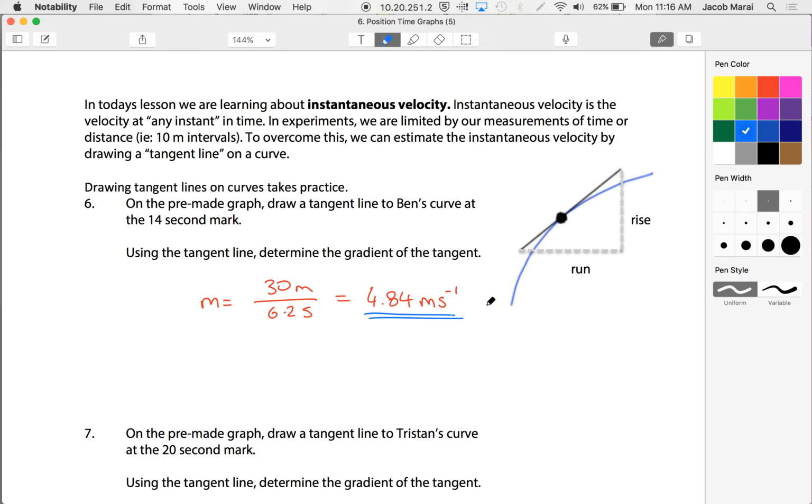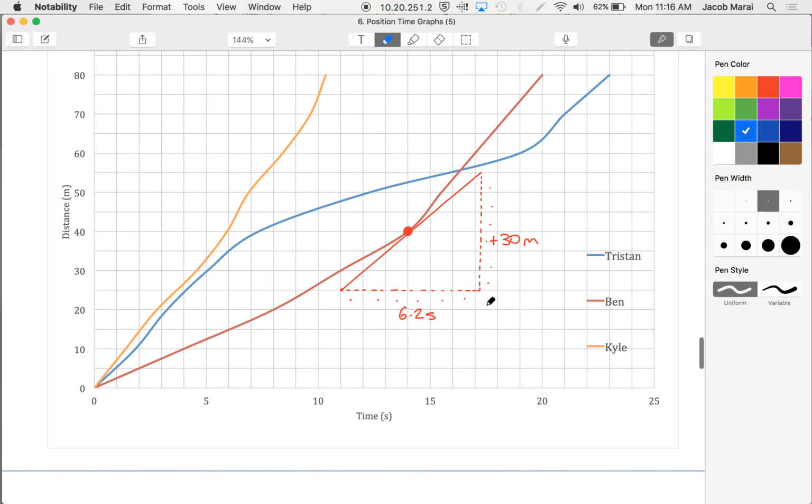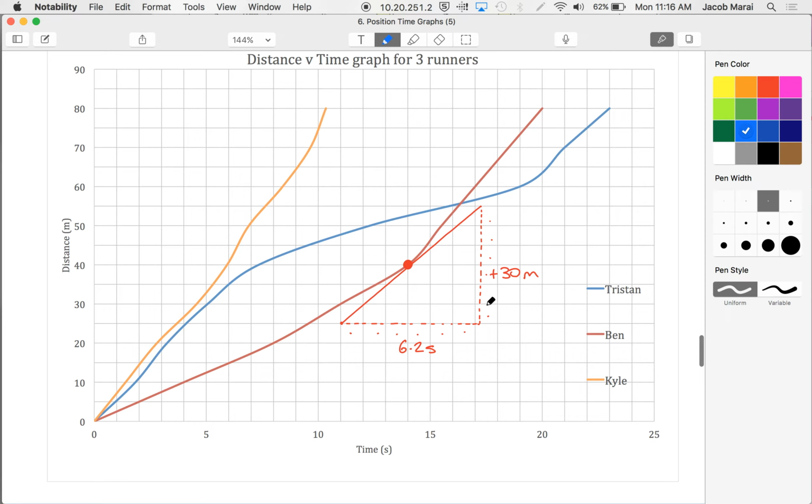Okay, approximately. So depending on your tangent line, you might get a different gradient. But if this was a test, I would allow, I don't know, plus or minus 0.3. So you can get as much as 5.1 or as low as 4.5. If you're in that range, then you're okay.